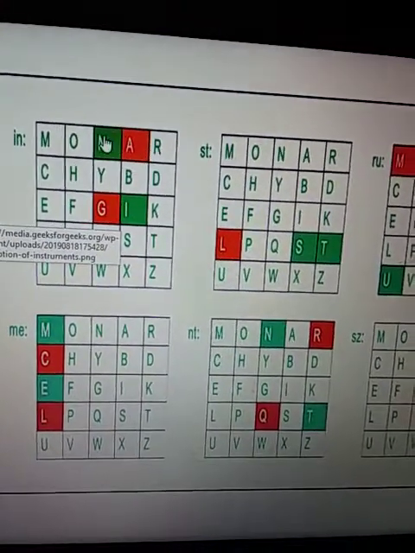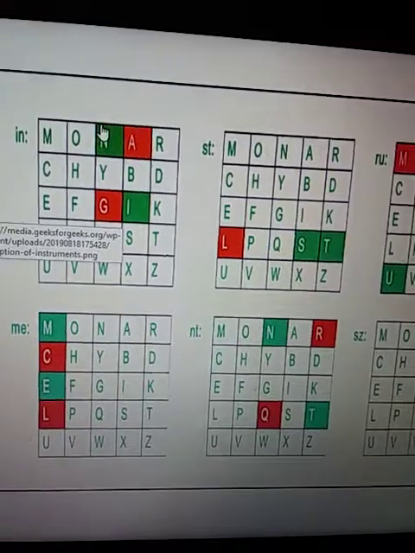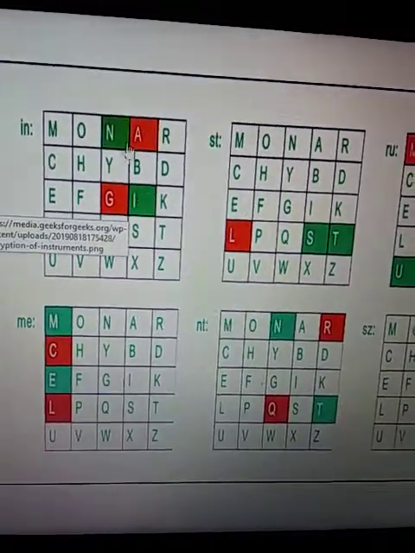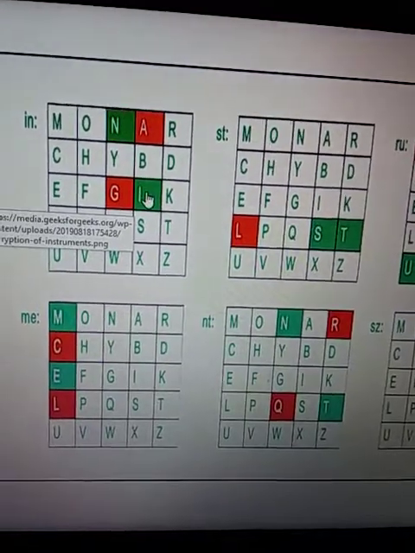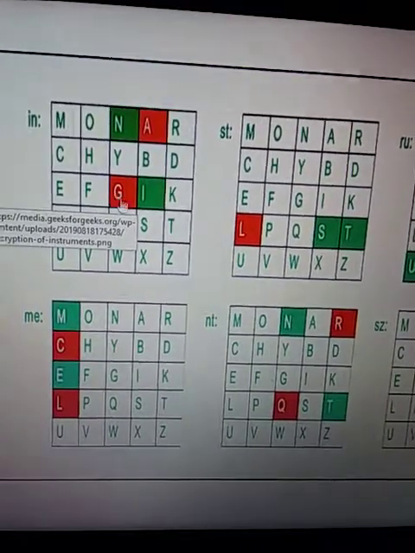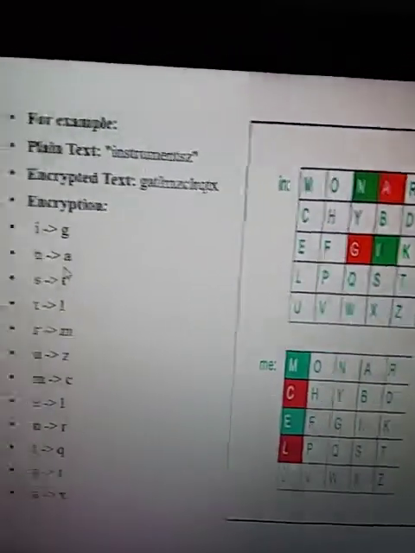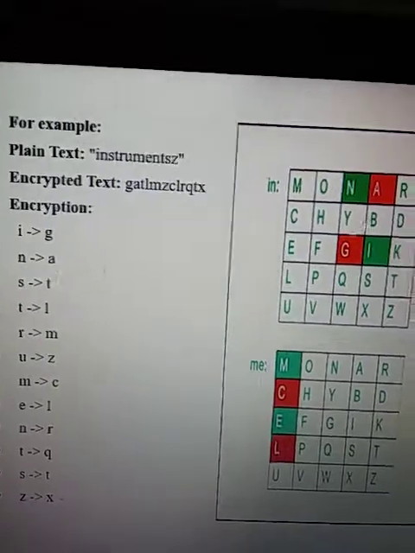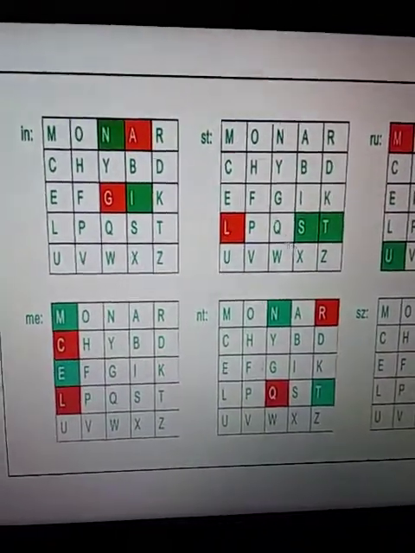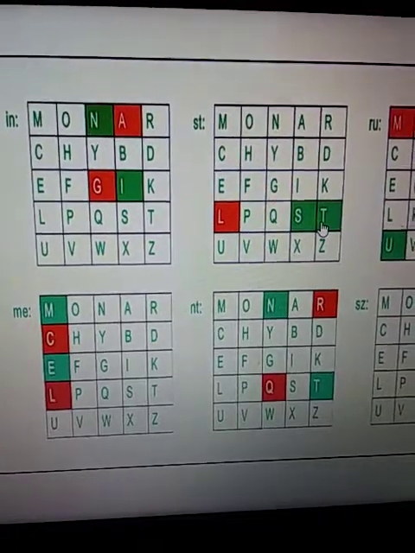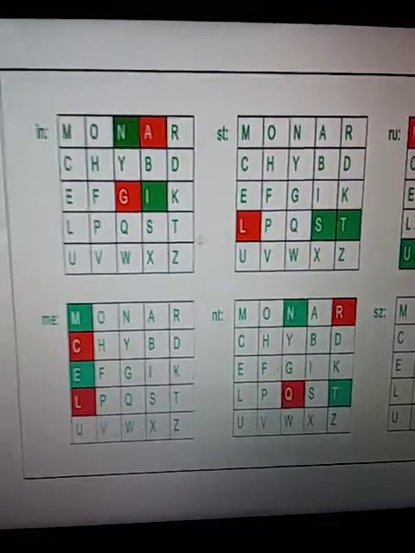I and n exist here and there, so this forms a rectangle. I is to be substituted by g and n is to be substituted by a. So I is converted as g and n is converted as a. And the next one is "st". St exists in a row. So s is to be substituted by t and t is to be substituted by l. So "st" is replaced as t and l.